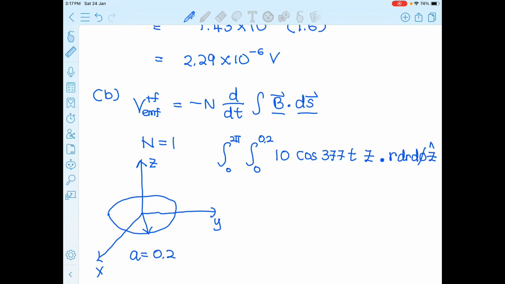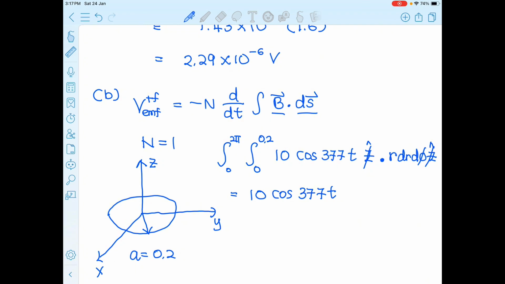So this you can cancel out, so we can do the integration. This part will remain. And then when we do the r integration, you can use a calculator.